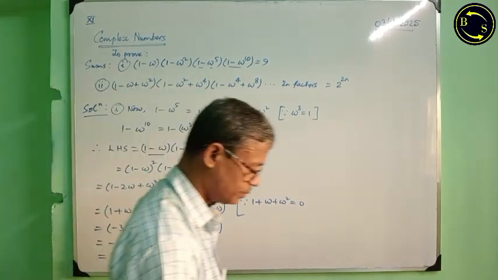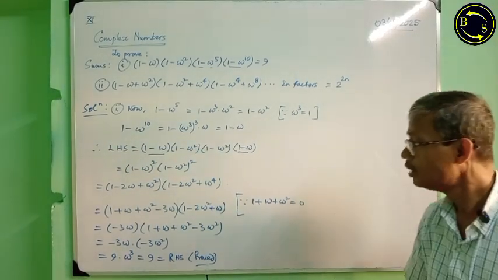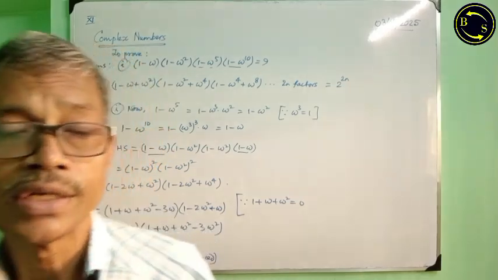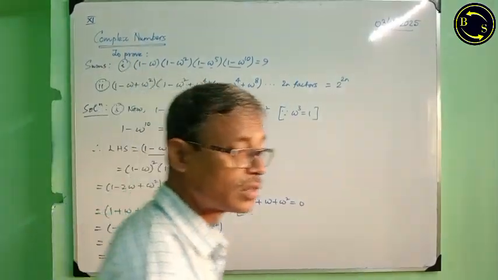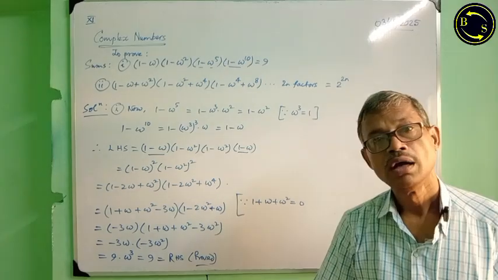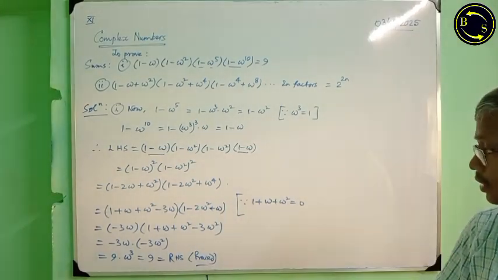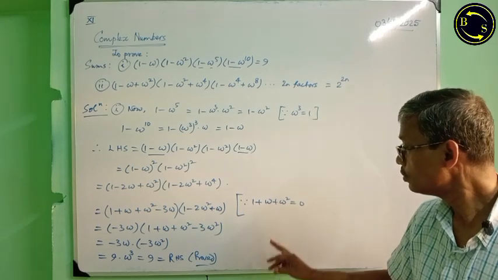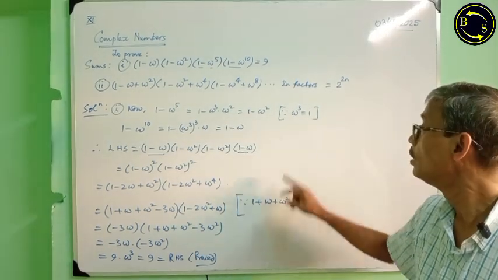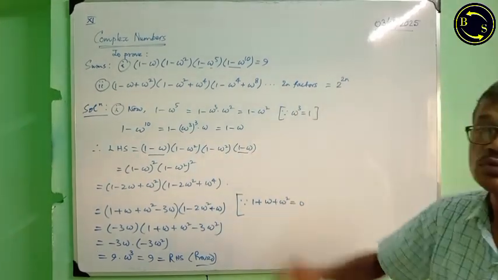The sum is solved. I suggest students take sums from your textbook and practice. Remember, you are to use 1 plus omega square equal to 0 and omega cube equal to 1. Now we move to the second sum.